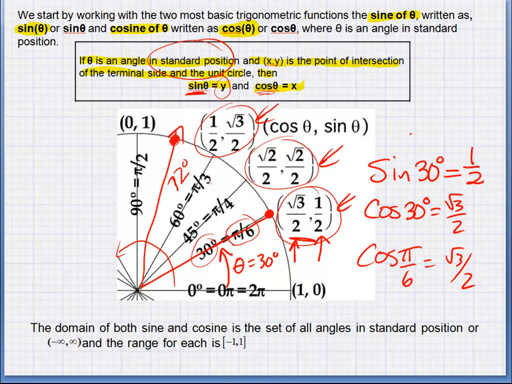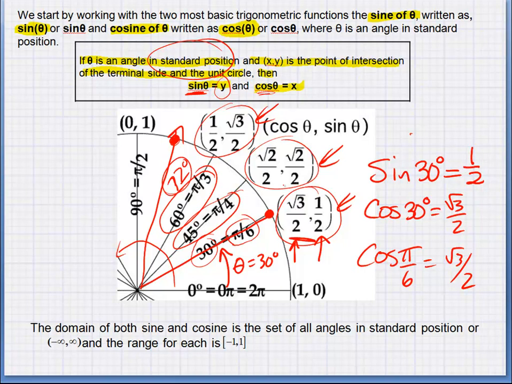What we do is we get used to the ones that come up most often, our special angles. And then eventually, if we know these, we can use that to help us find other angles. Well, maybe not 72 degrees, but at least some other angles where we can combine multiple angles to get another angle. So we'll get to that. That's way farther down the road. But right now we need to get used to these.